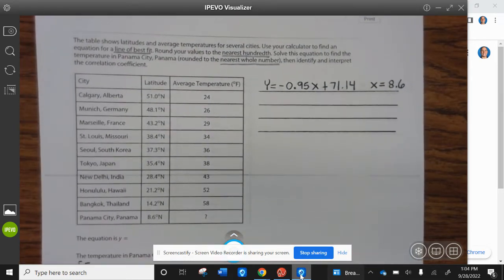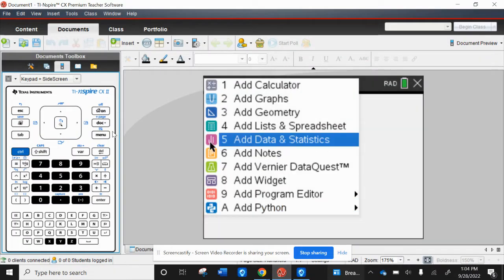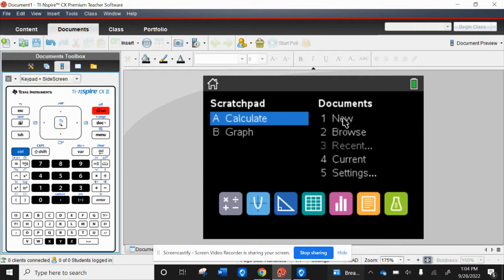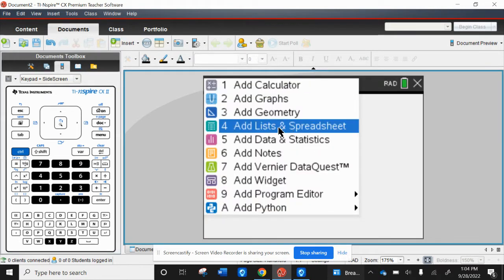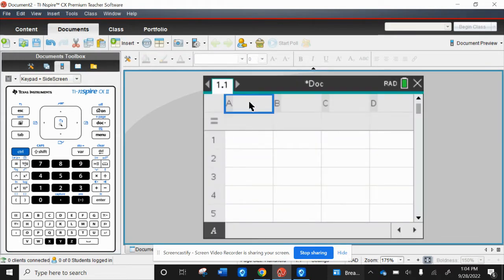All right, so to find the equation, we're going to use our calculator. We're always going to go to On, New Document, and add list and spreadsheets, X, Y, and then plug the table values in.